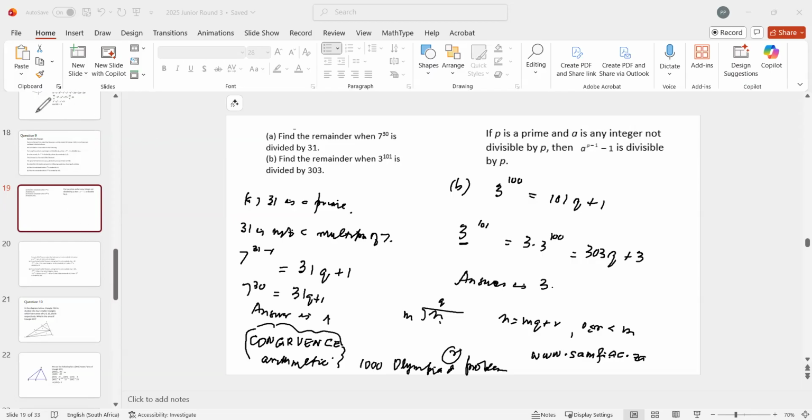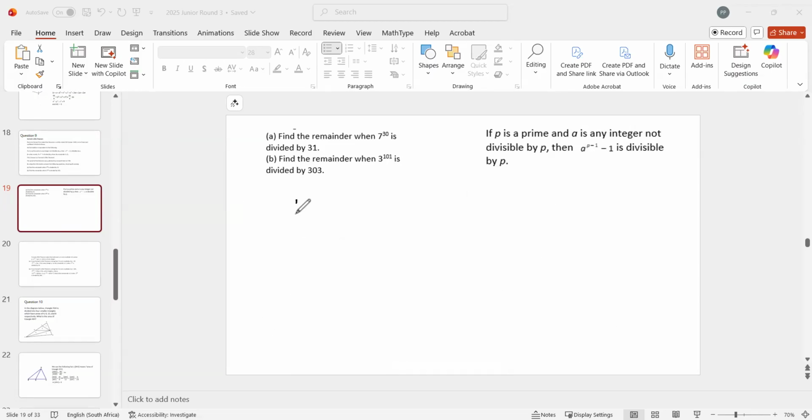It's a very powerful section of mathematics. So if you want to know something about that, you can Google it, AI it, and see what you can learn from it. Okay. So Fermat's little theorem is an important theorem in number theory. Okay, let's get on to the next question.